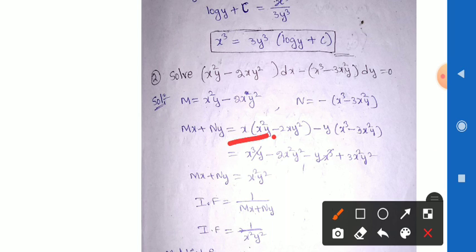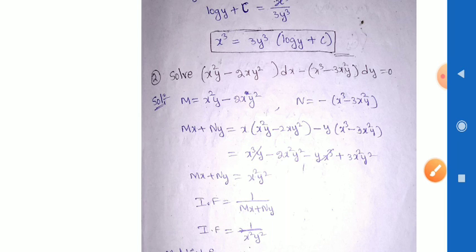By multiplying the x value we get x cube y minus 2x square y square minus y x cube plus 3x square y square. Once again I am repeating: multiplying x we get x cube into y minus 2x square y square minus y into x cube plus 3x square y square.